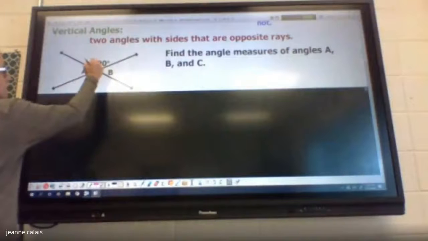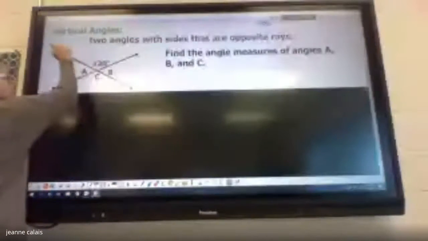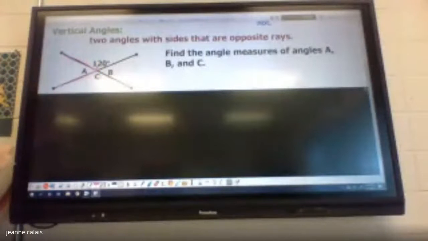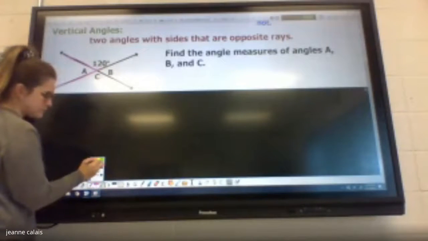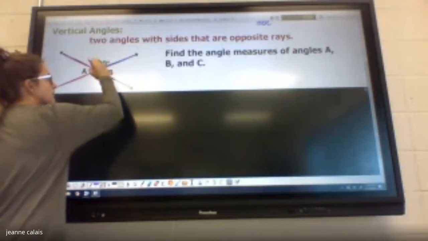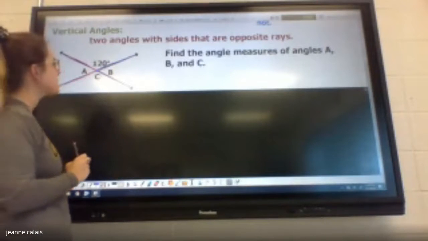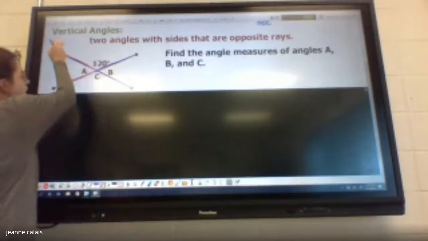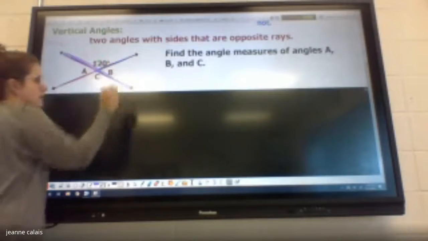So here's our common endpoint, and here's angle A. Then you have angle B here, and here's our common endpoint. So they share that common vertex, and this is opposite rays right here.